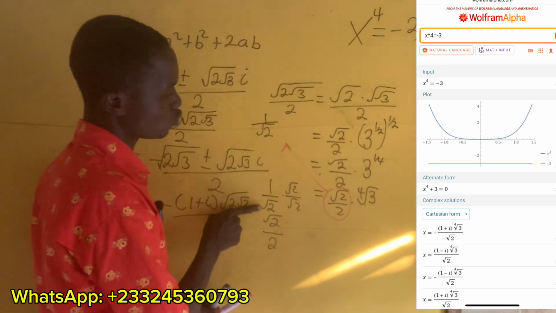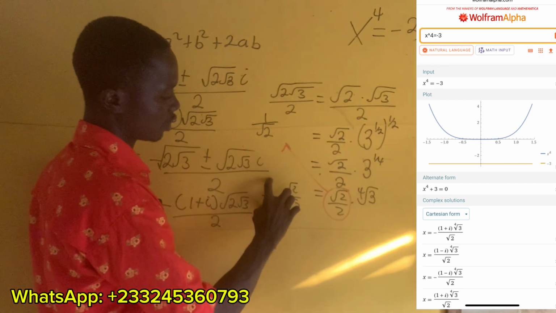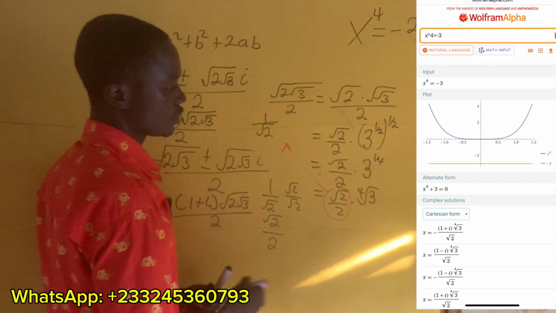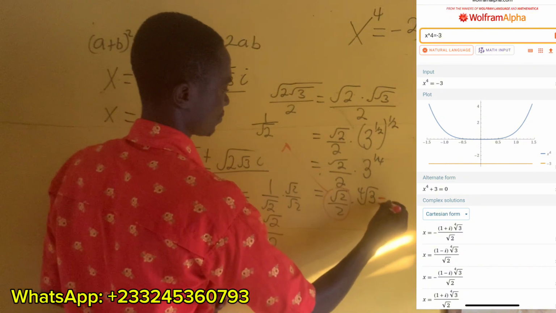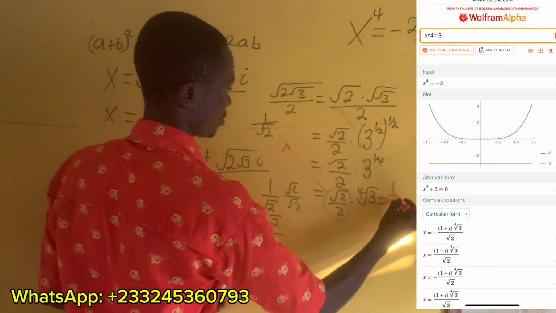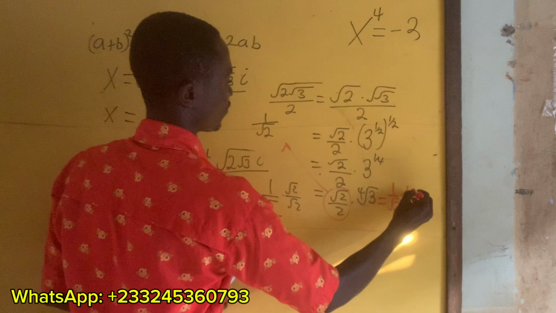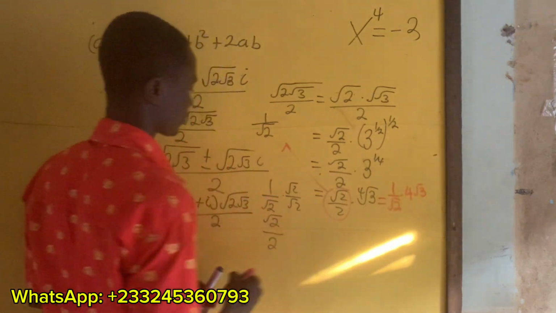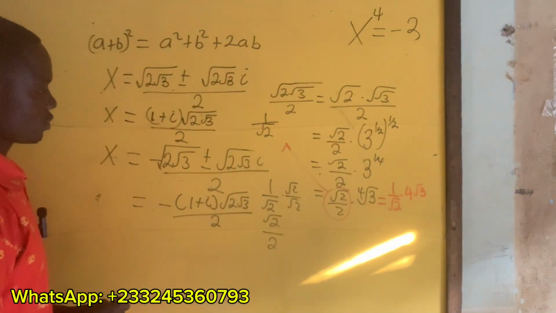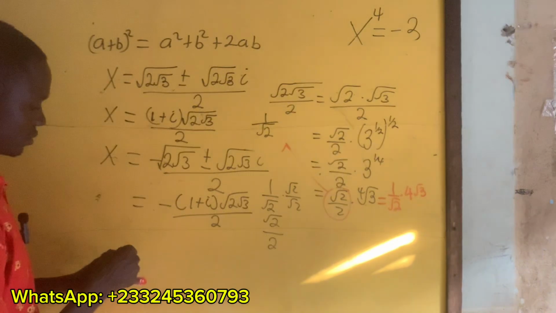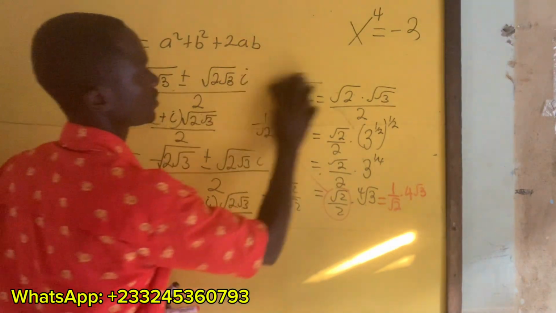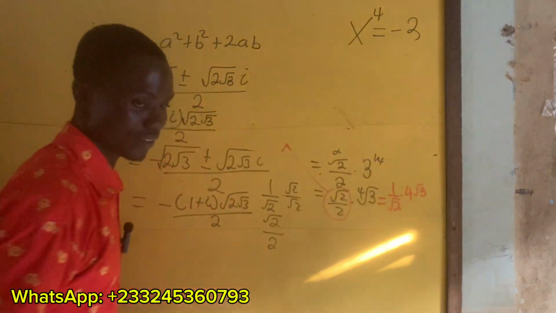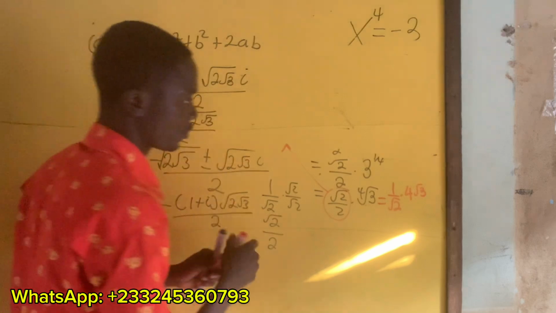Sorry, 1 on root 2, right? If I rationalize 1 on root 2, I get root 2 on 2. So this can be written as 1 on root 2 times 4th root of 3. And that is where we're going to have these pair of solutions. Wow, that is mathematics. Sorry, it is 4th roots.